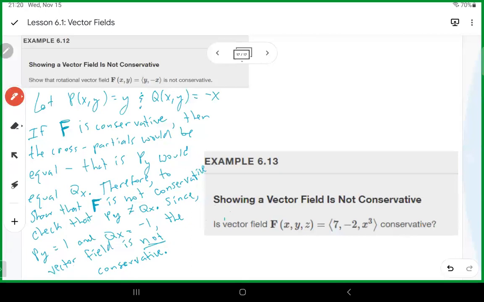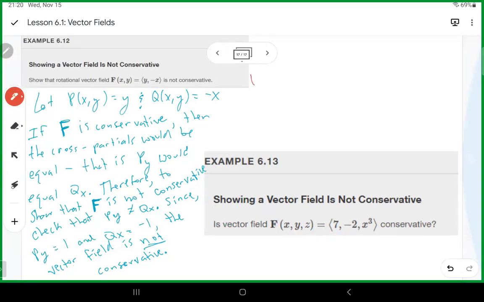All right, last example for this one, and then I'll save it, upload it, do all the stuff, and then I'll jump into 6.2. Showing a vector field is not conservative: is the following conservative? Same kind of setup.